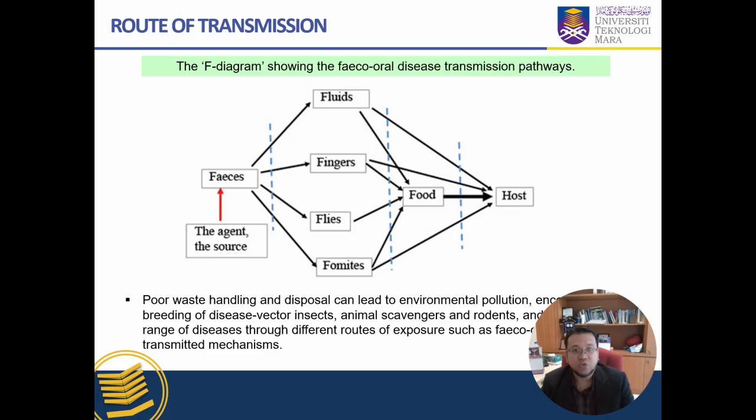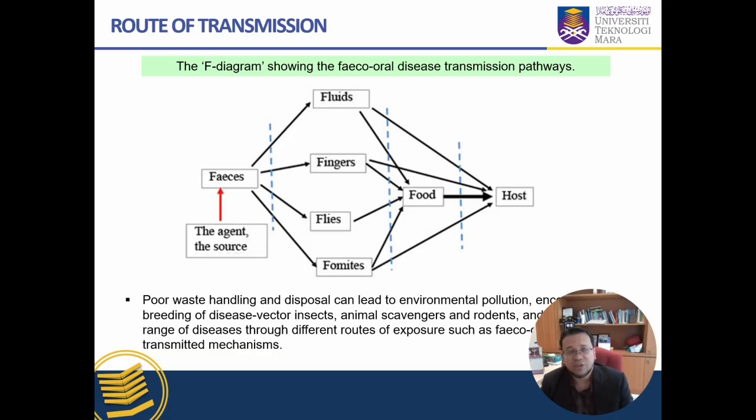Improper handling of wastewater can cause disease transmission through several pathways. Poor waste disposal can contaminate soil, water sources, and food. It also encourages the breeding of flies, mosquitoes, rodents, and animals that act as vectors. One of the most important concepts is the F diagram, which explains the fecal-oral transmission routes.